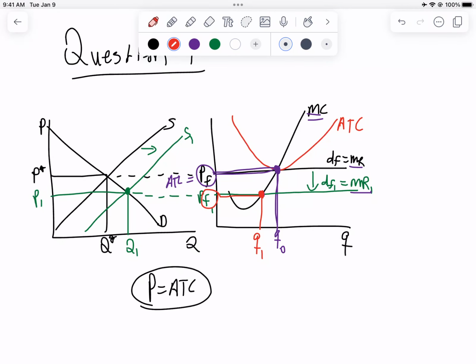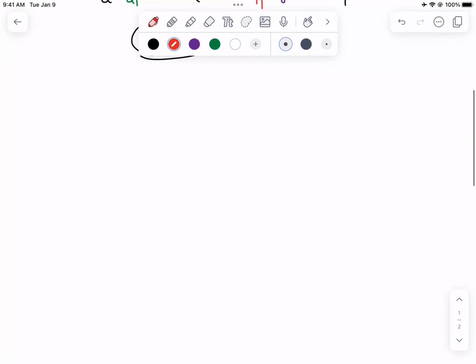Again, I look at what happened with demand and supply in the market, and then I look at how this changes for the firm. On the next graph, I'm asking you to draw where we have economic profits. You're going to draw the same graph here, but now price is greater than ATC on the firm graph.